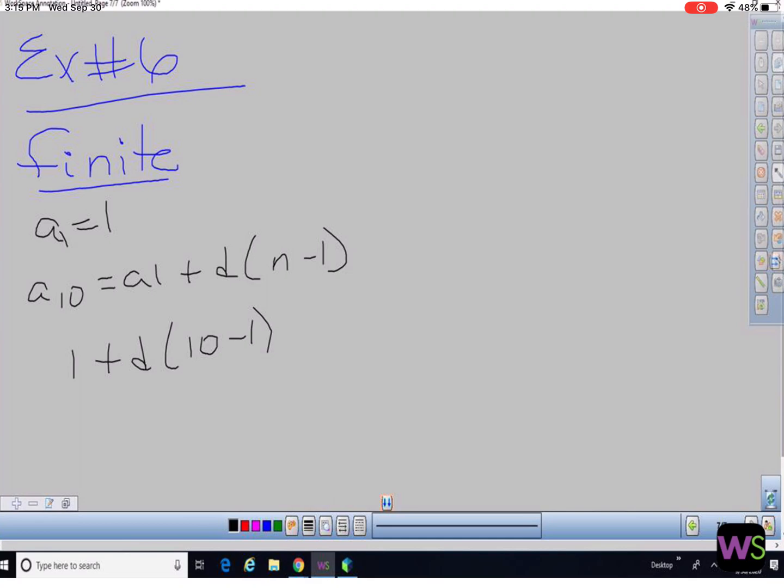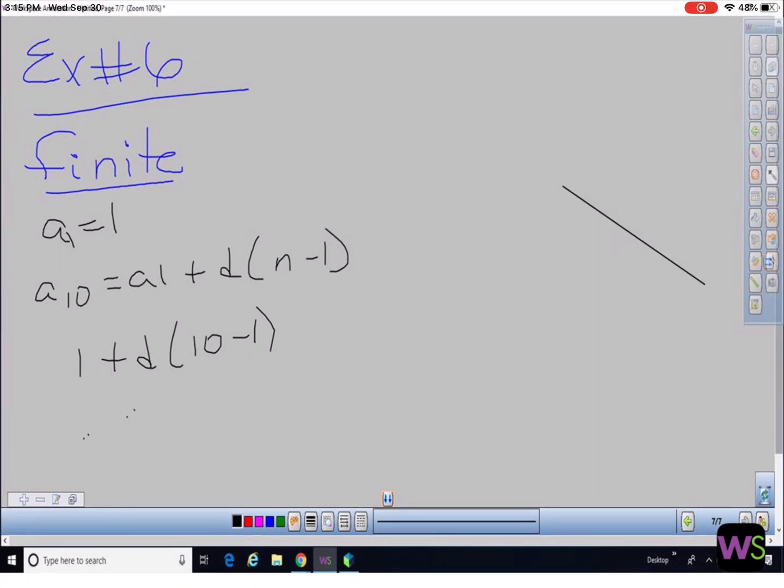Your difference on each row is going to be 1. So it's 1 plus 1 parenthesis 10 minus 1, so it's 1 plus 9, that's going to be a total of 10. So equals a total of 10 cans. So that's what we're looking for there.